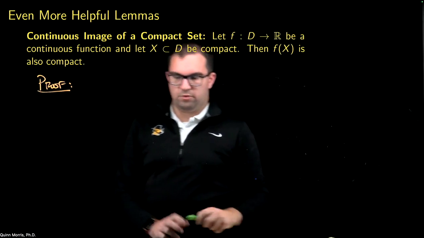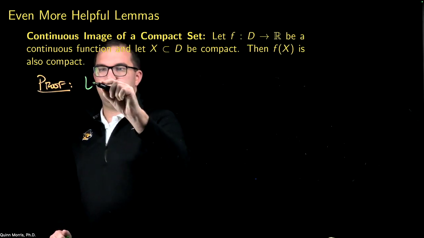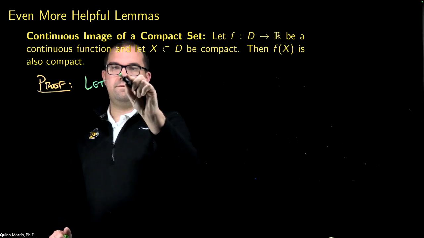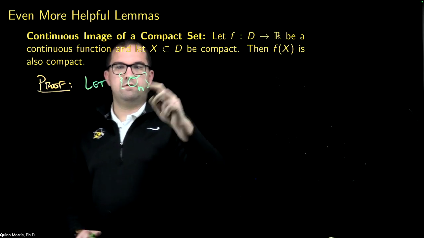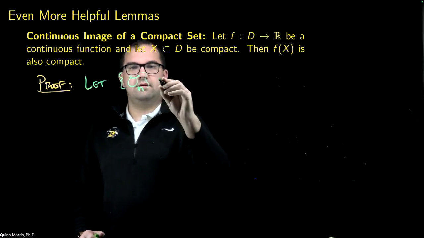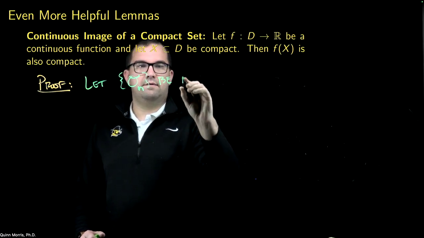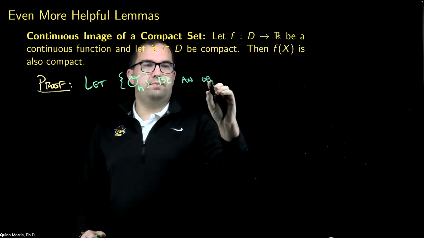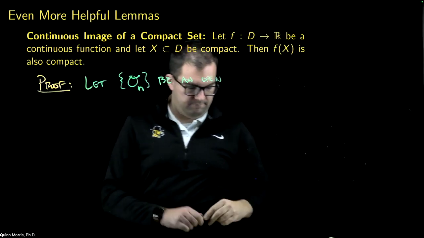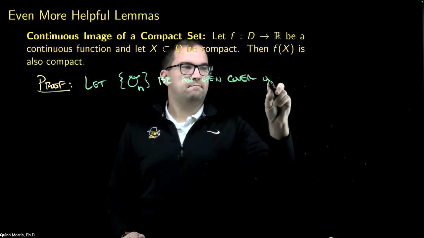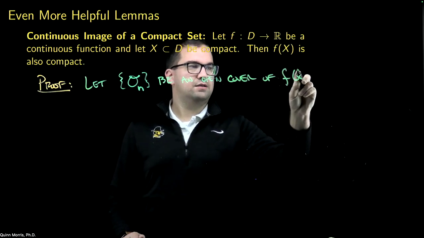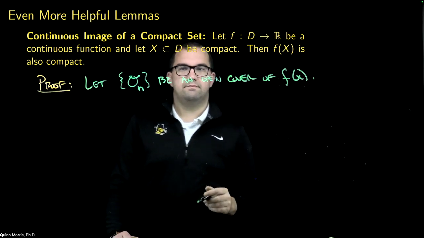So first we're going to start with an open cover, so this O sub n is going to be an open cover of f of X. Okay.